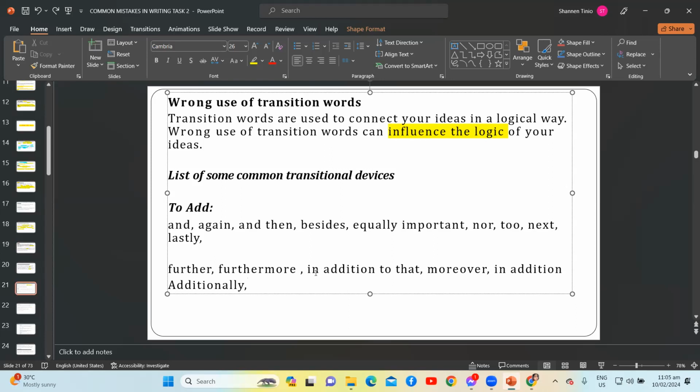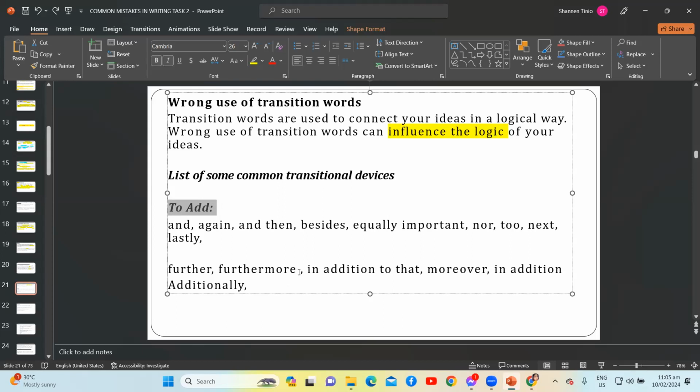Why do we use transition words? To connect your ideas in a logical way, to create emphasis, and to add more information. Okay? So, sabi ko, ang teenage pregnancy, ang kadahilanan niyan, lack of sexual awareness ng mga bagets, lack of educational exposure, kind of same thing, but kind of different as well.